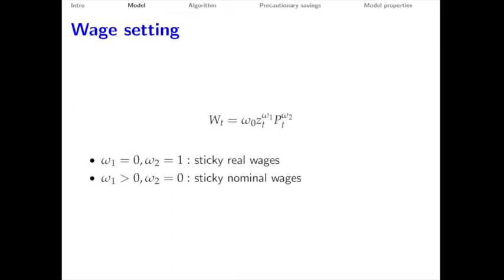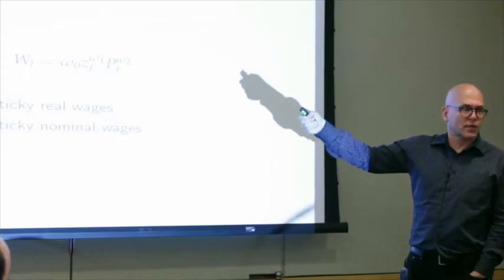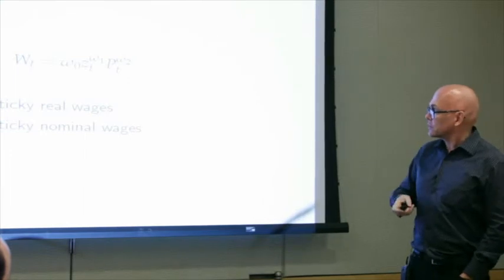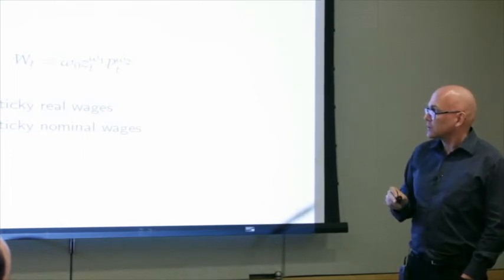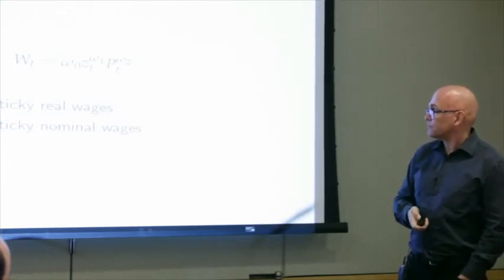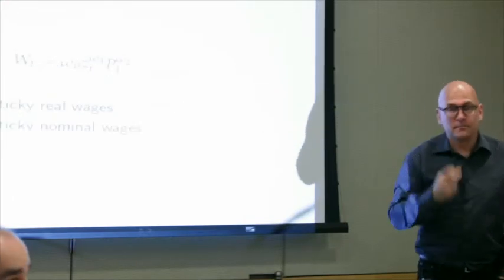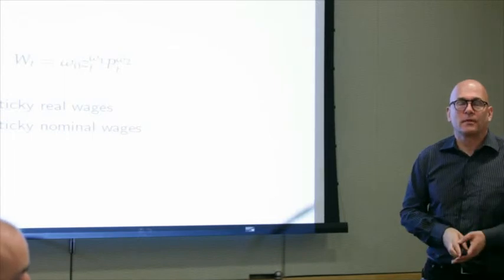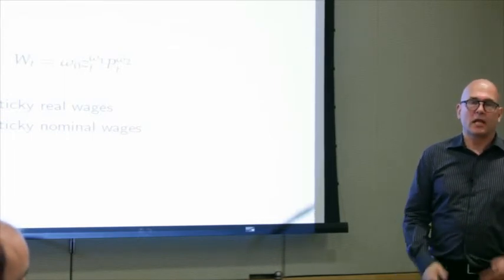But I've used something similar in my older work. So basically the idea is you're going to choose those parameters so that you get realistic processes for the wage rate. Because if you use something like Nash bargaining, the question is whether what you get out is actually somewhat realistic. So this isn't like a menu cost changing. It's very ad hoc.